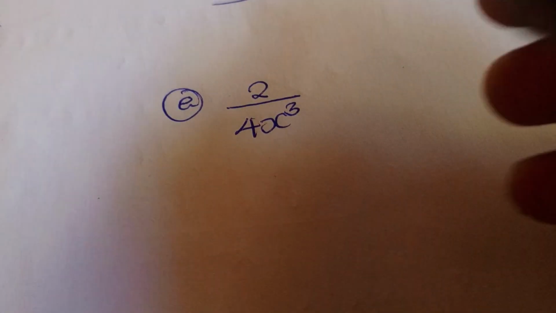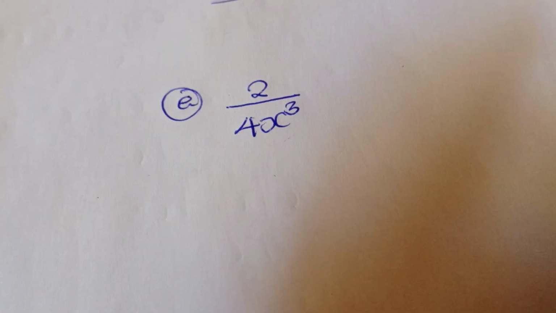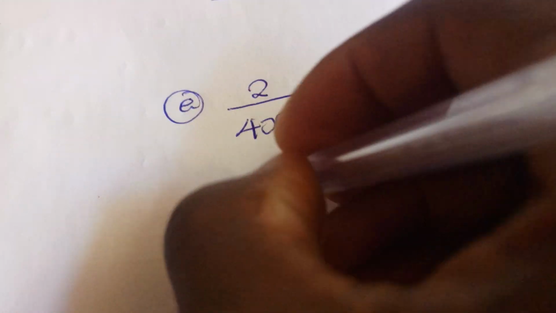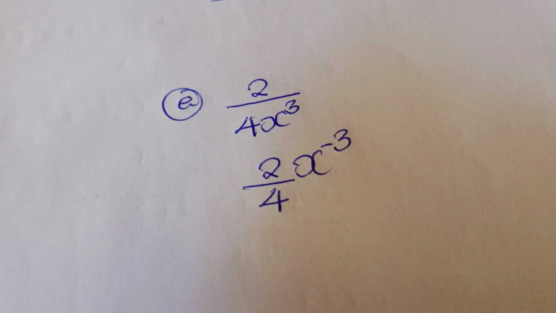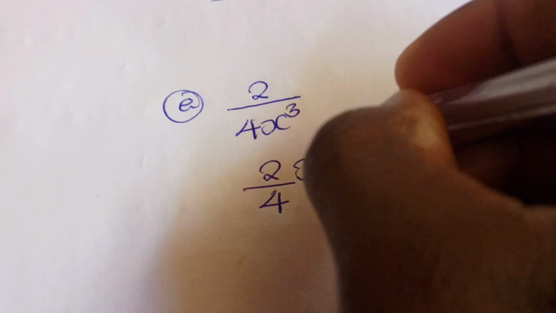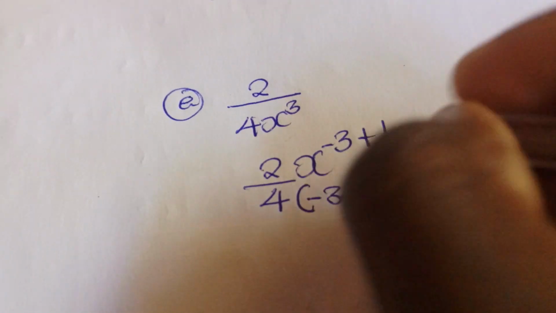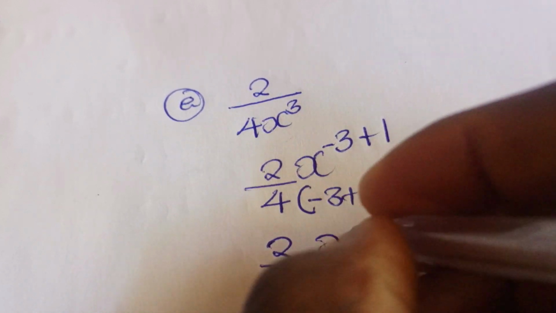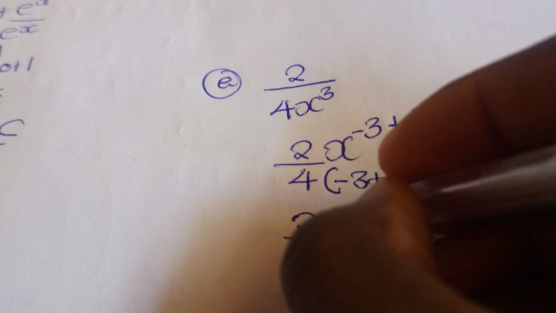We have such kind of expressions. Remember, now the x is down there as a denominator. So what we do, we just take this back to negative indices. So it will be 2 over 4 x to the power negative what? 3. Then from here you add plus 1. Then here you say open bracket negative 3 plus 1. So we have 2 over 4 x with negative 3 plus 1, that is negative 2.